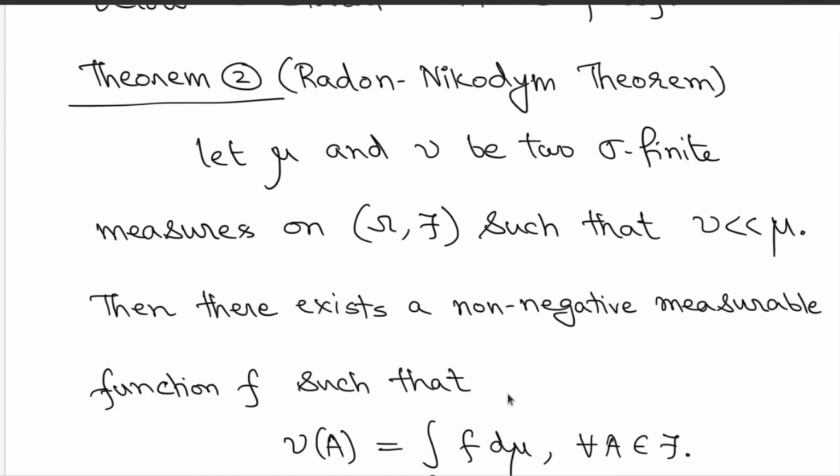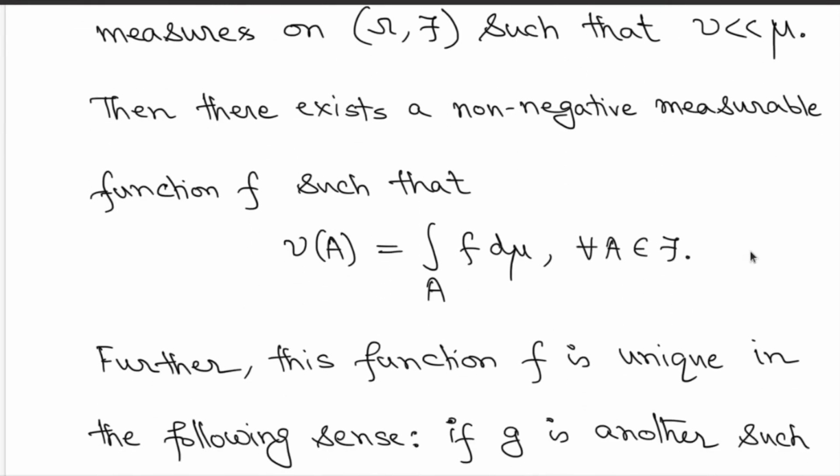This is known as the Radon-Nikodym theorem, and again we are just going to state it, we don't go into the proof. This is again stated for the sigma finite measures case. Take two measures on the same measurable space such that the second measure is absolutely continuous with respect to the first one. Now the statement says that there exists a non-negative measurable function f such that the second measure can be written as an integration involving the function f with respect to the first measure.